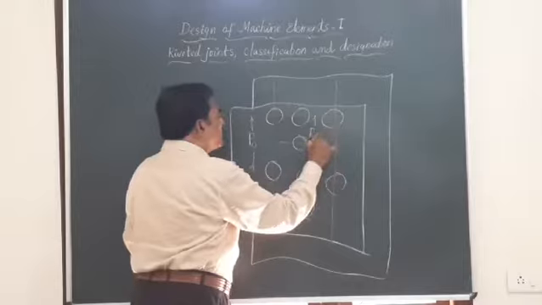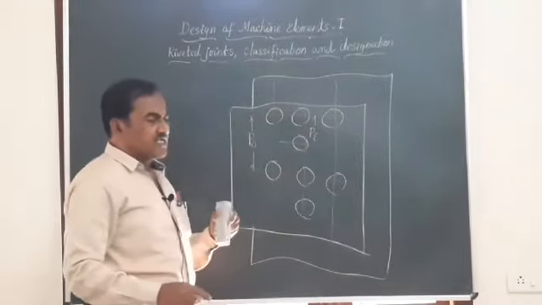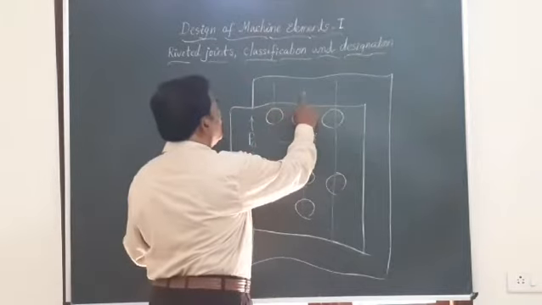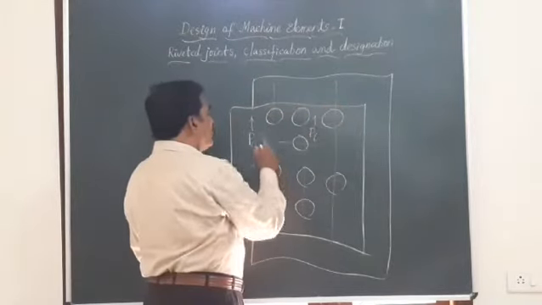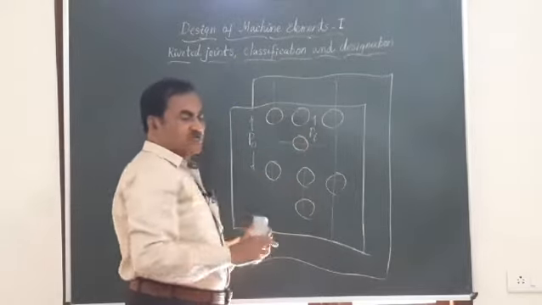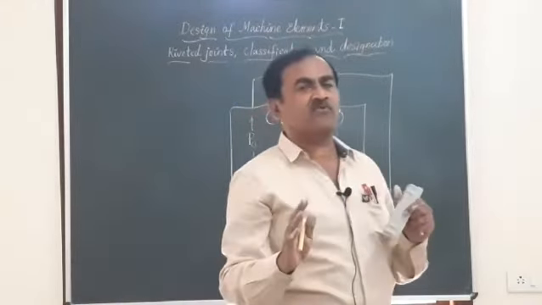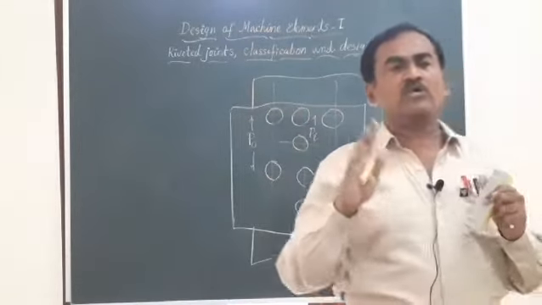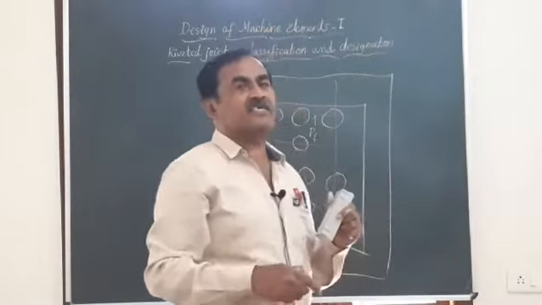Friends, if you see this particular arrangement, there are 3 rows of rivets, row 1, row 2 and row 3, but pitch in the outer row is twice that in the inner row. So this is a special type of lap joint wherein the pitch in the outer row is twice that in the inner row.